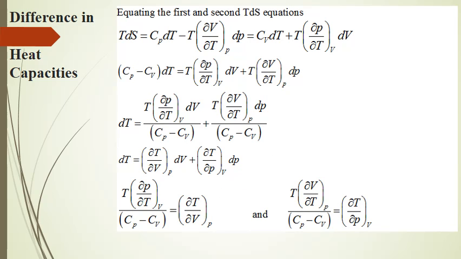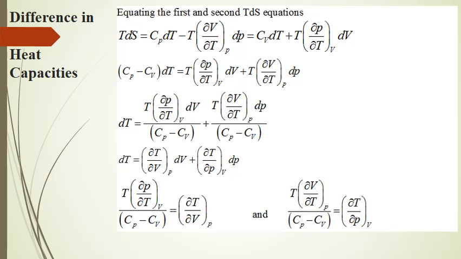Now we will obtain the expression for the difference in heat capacities. Equating the first and second TdS equations, we get TdS is equal to Cp dT minus T (∂V/∂T) at constant P dP, which is equal to Cv dT plus T (∂P/∂T) at constant V dV.